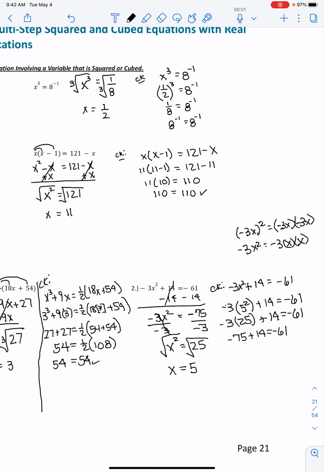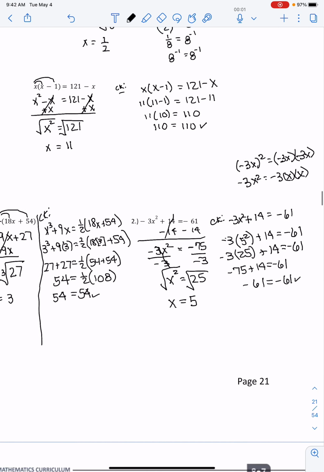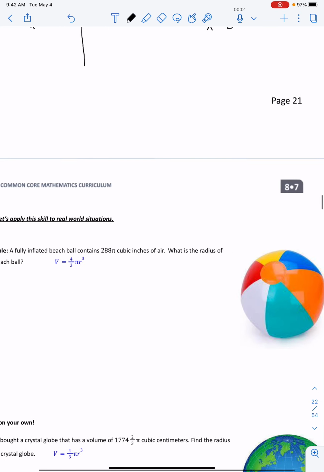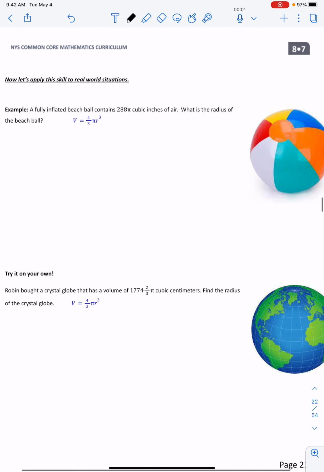And then negative 75 plus 14 is negative 61, which equals negative 61. And that checks.